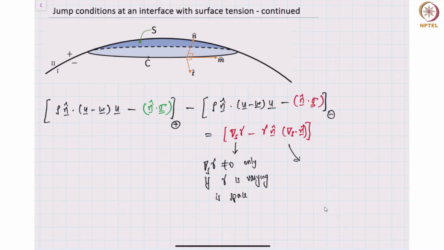The second term is non-zero only if the interface is curved. Del S dot n, the surface divergence of n, is the curvature, which is what we have seen already earlier, kappa. We will return to this a little later.